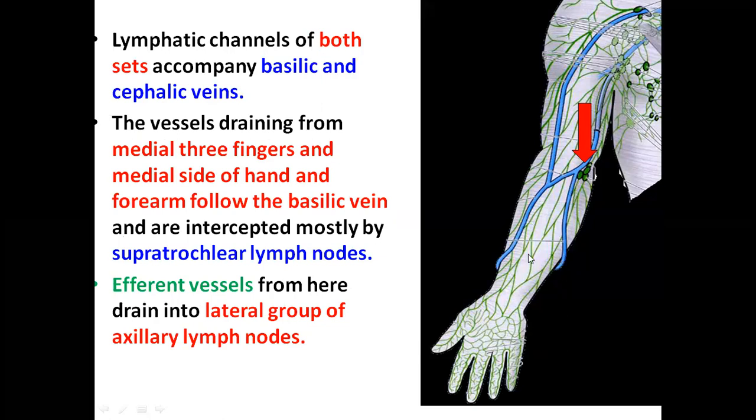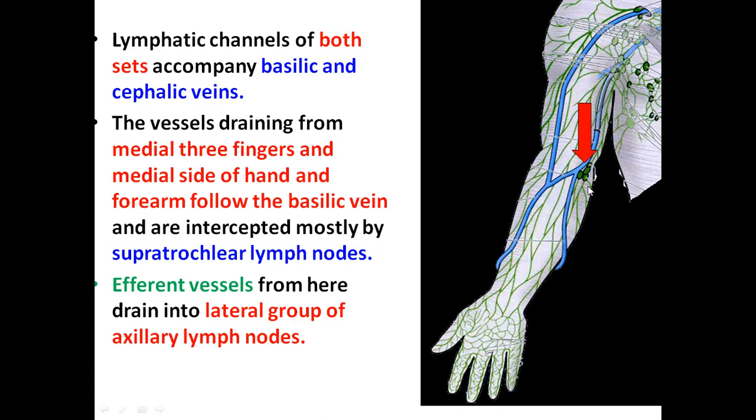These vessels draining the medial three fingers, the medial side of the hand and the medial side of the forearm follow the basilic vein. The first three fingers move towards the medial side. The rest of the fingers move towards the lateral side. That means they are accompanying which vein?